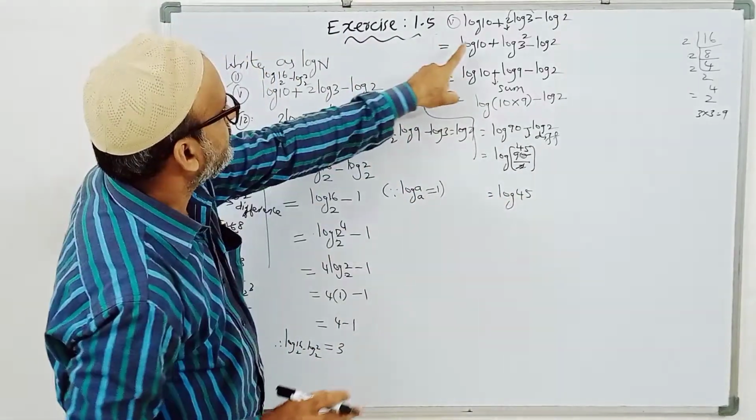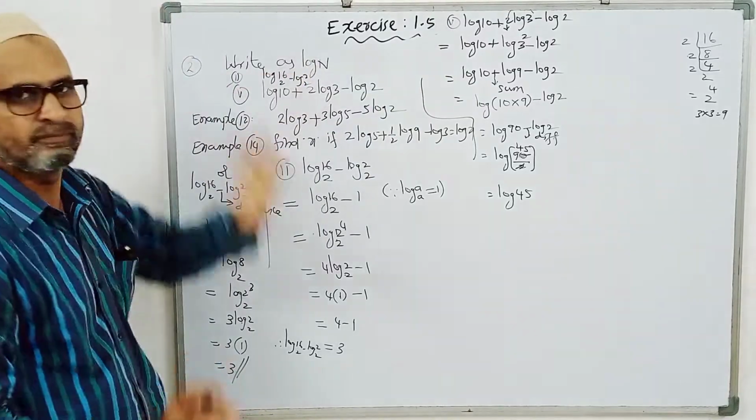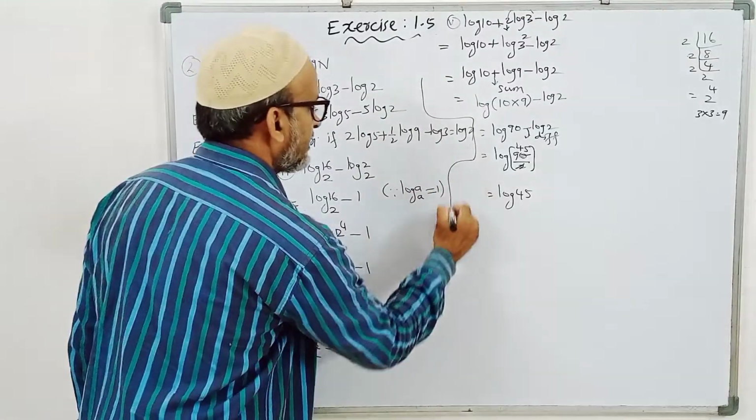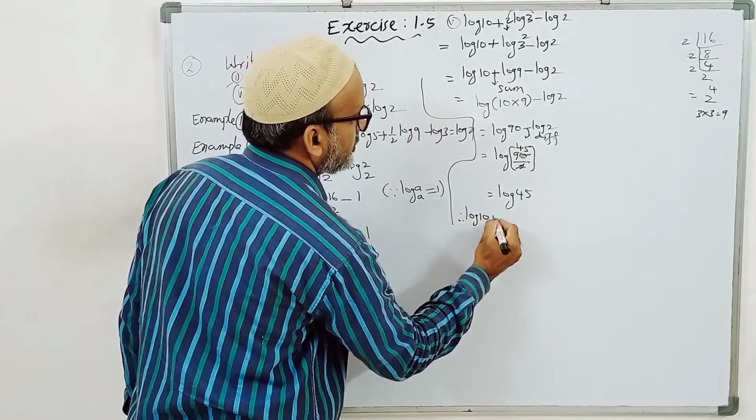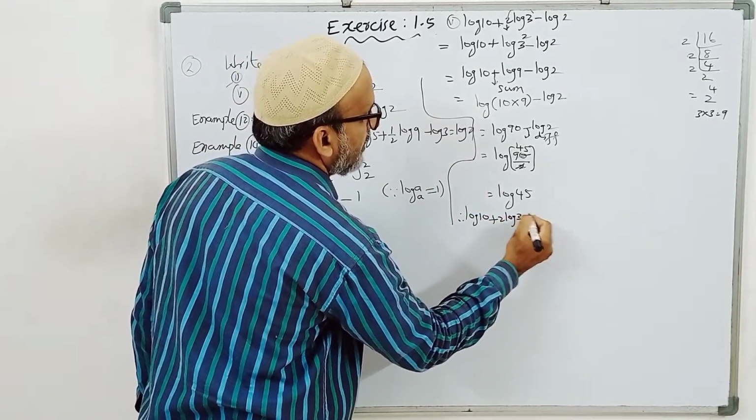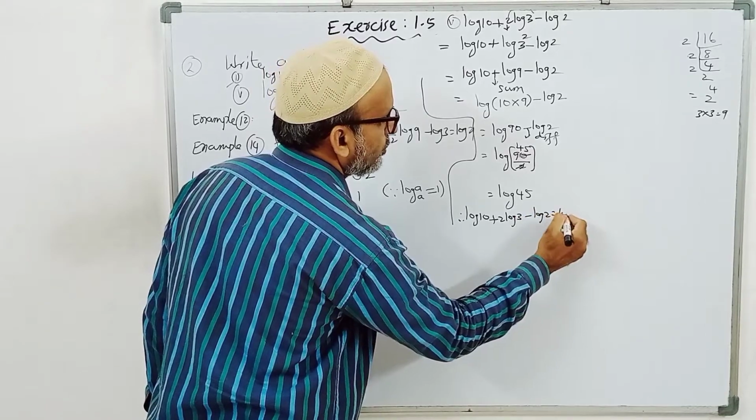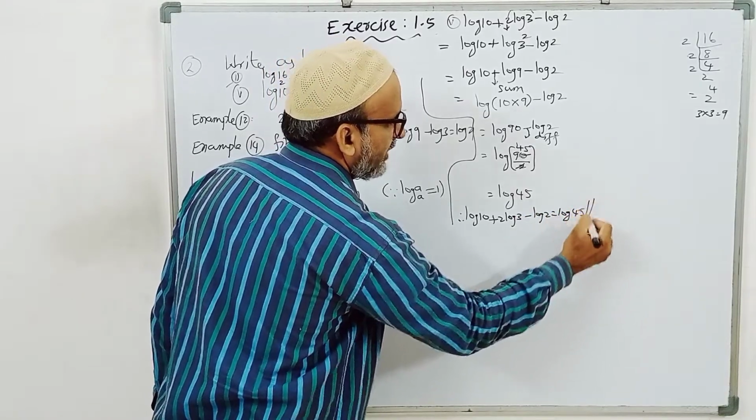Therefore, the total question, logarithm of 10 plus 2 logarithm of 3 minus logarithm of 2, is equal to logarithm of 45.